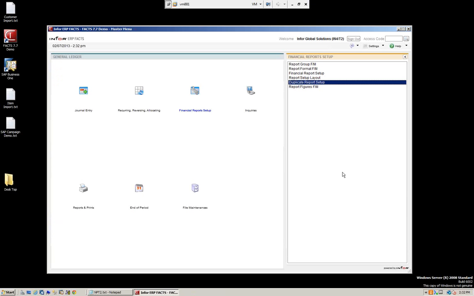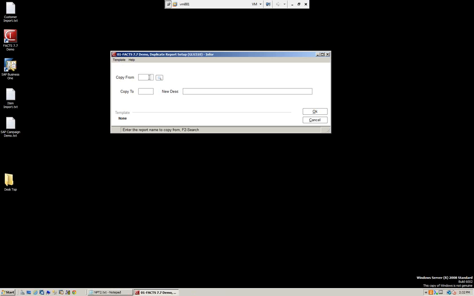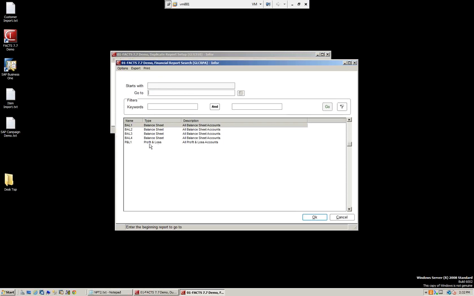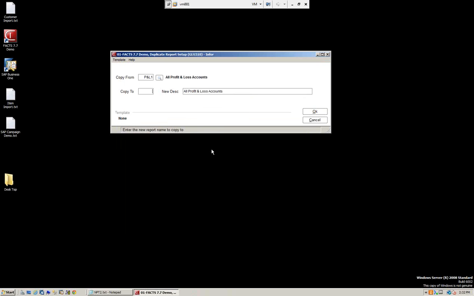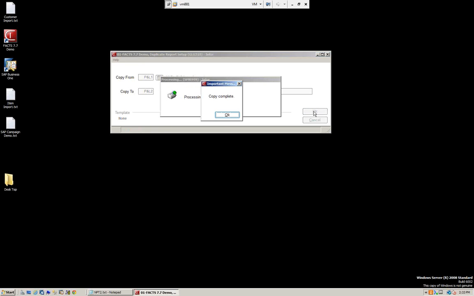If we want to create another one, we can do duplicate. We can say copy from this one here. And we can call this, let's call this P and L2, and we click OK.